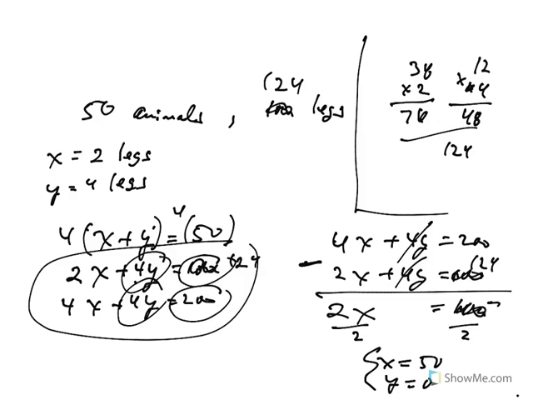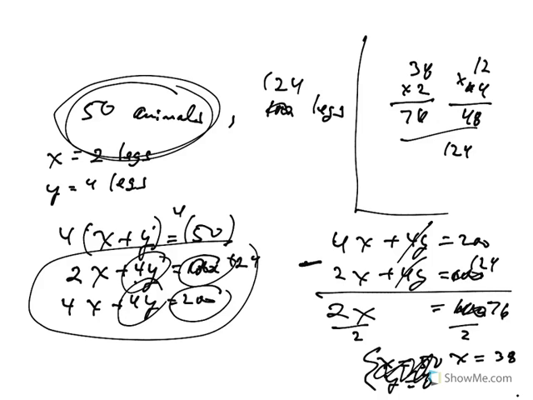I like that question better. So x is actually 38 in this case. And then you can go all the way back to the very first, the 50 animal question. So if there's 50 animals, that means that the four-legged animals has to be 12.